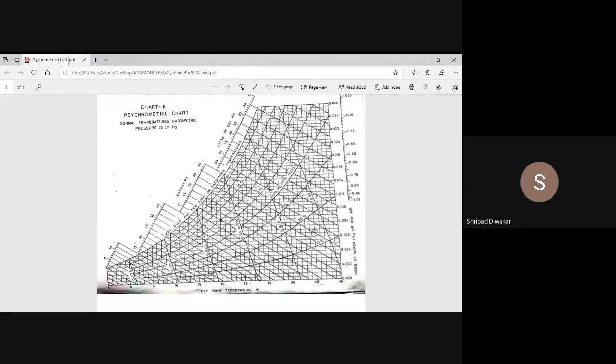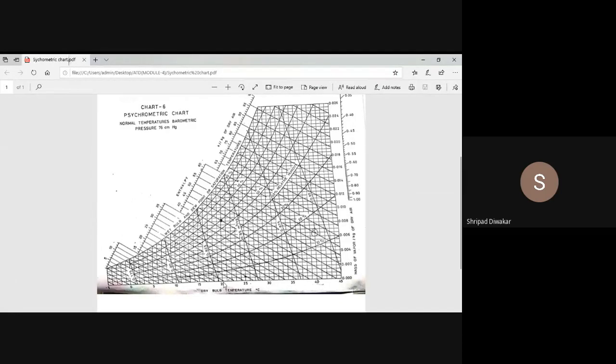First, you have to find the intersection point. 20 degrees Celsius is your vertical line. Dry bulb temperature is the vertical line, and wet bulb temperature is what you measure from the saturation curve.